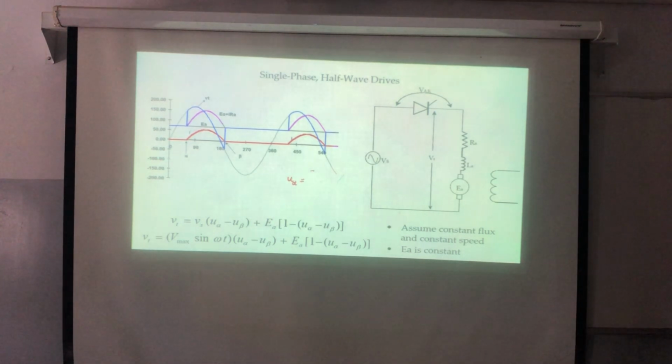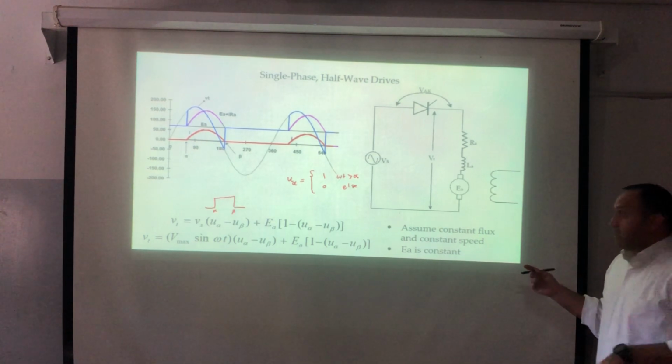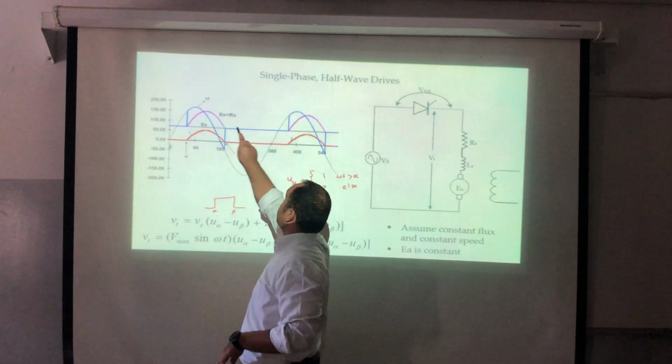This will equal to 1 if omega t greater than alpha and 0 otherwise. So this is actually a step function. So this is actually a pulse, by the way. Here, U alpha minus U beta is a pulse function, which will equal to 1 between alpha and beta. Then I'm having the remaining part, which is the constant from here to here.